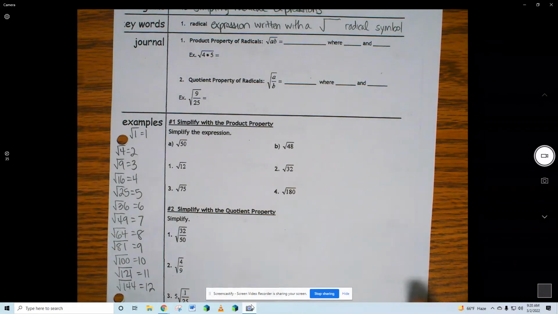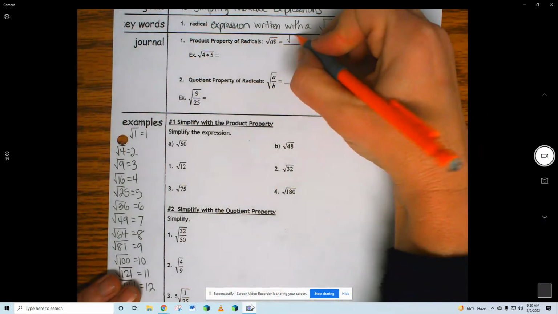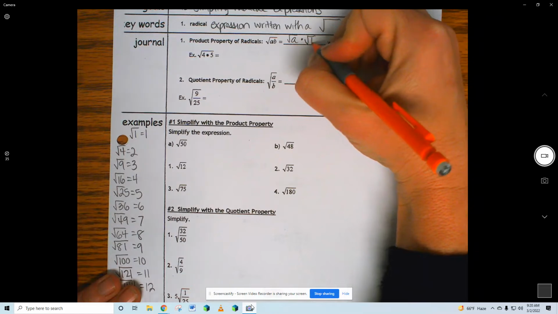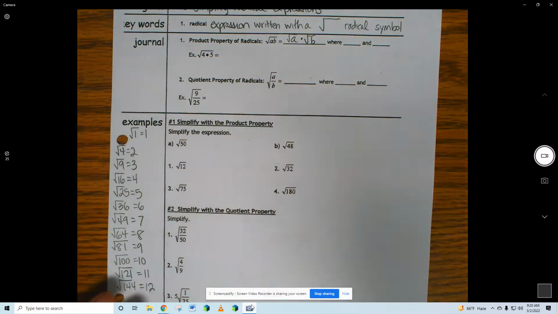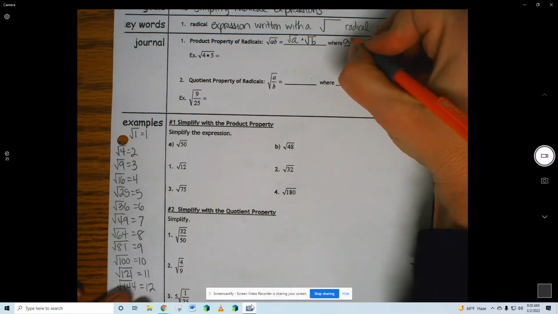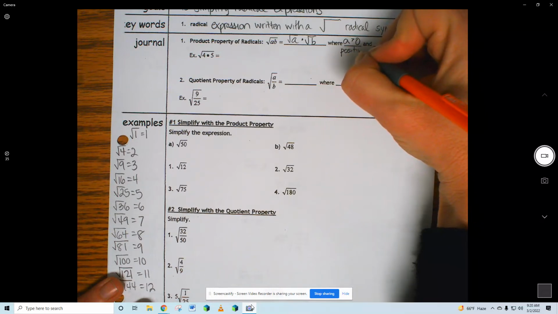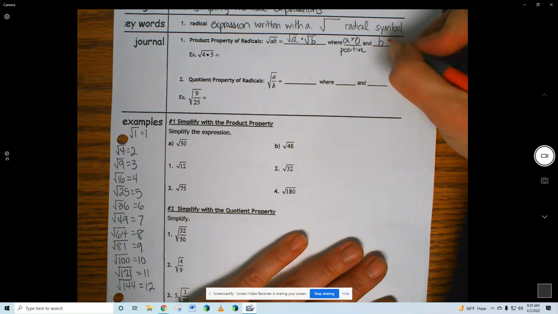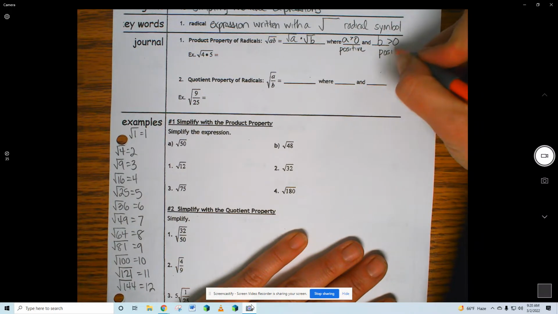If I have two numbers underneath the radical, like a times b, any number, I can separate them out and make it the square root of a times the square root of b, where a is greater than 0, which is a positive number, and b is greater than 0, positive number.